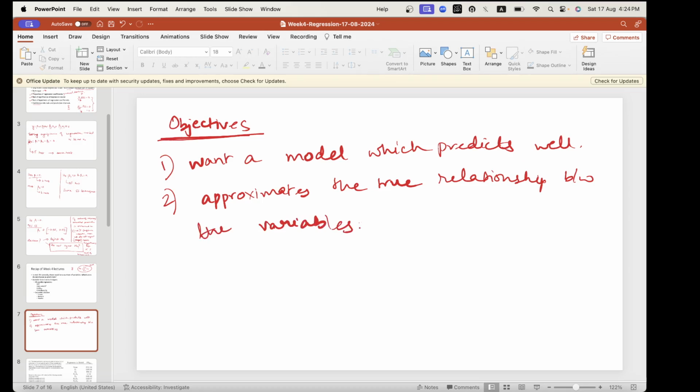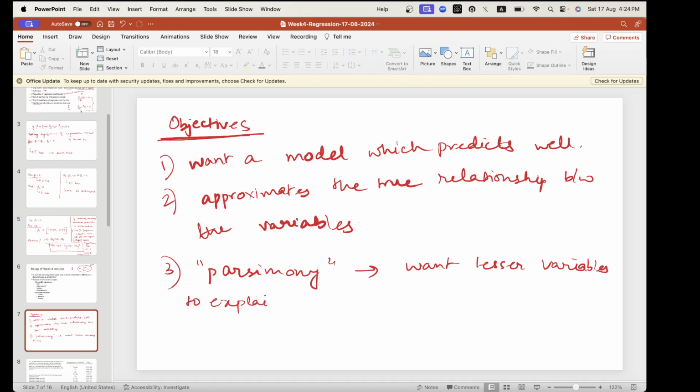And this is the concept of parsimony: we want fewer variables to explain variation in y.